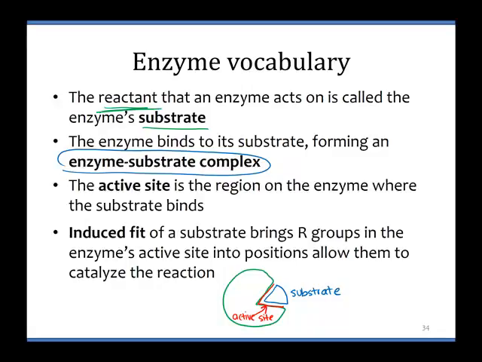Remember, individual amino acids have one of 20 possible R groups. So by doing induced fit, by changing its own shape, the enzyme will bring some of its very reactive R groups into place, and it'll allow those R groups to start catalyzing chemical reactions, pushing electrons, pushing energy.